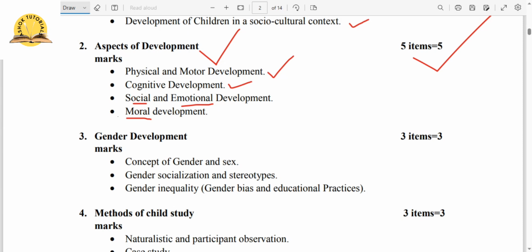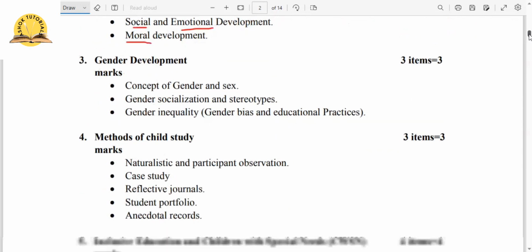All right, so now let us see number 3. Now in number 3, what we see is gender development. Now what is gender development? Gender means male or female, right? Gender development means male or female.